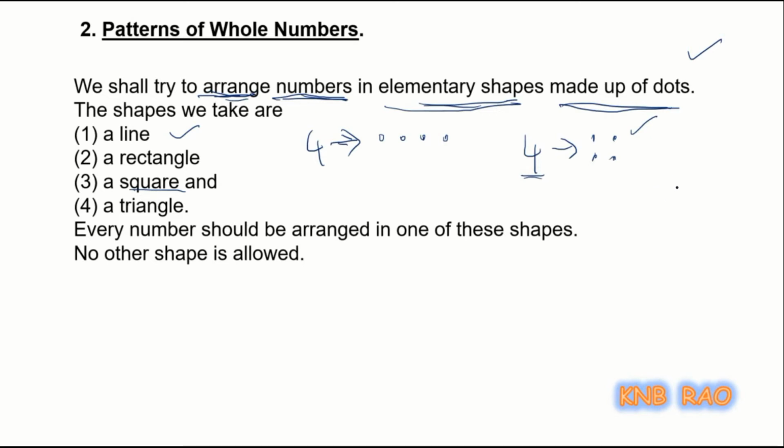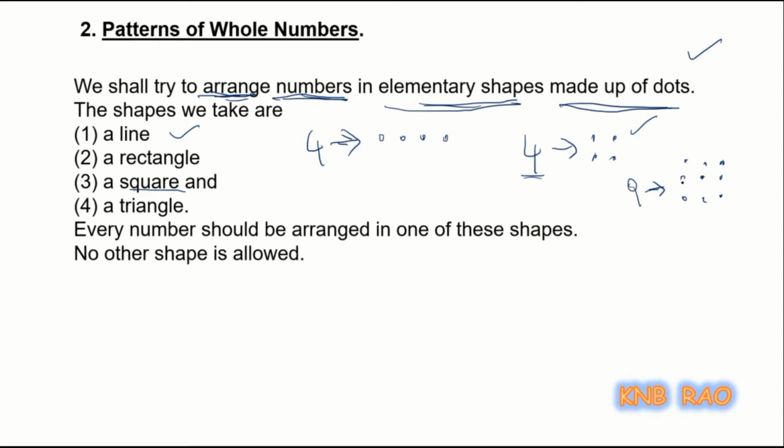No, 5 cannot be arranged as a square. What I can arrange as a square next to 4 is this one. Who is this? 9.